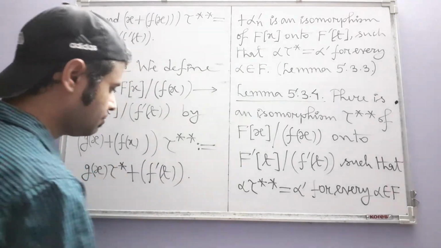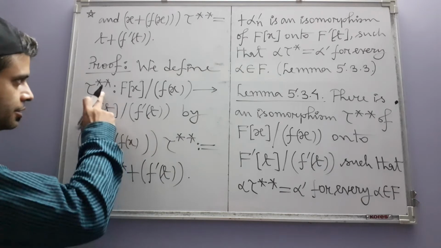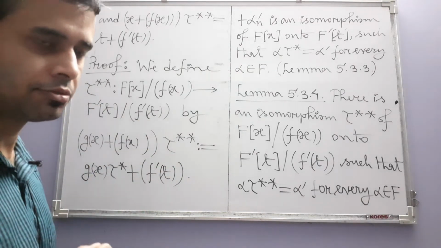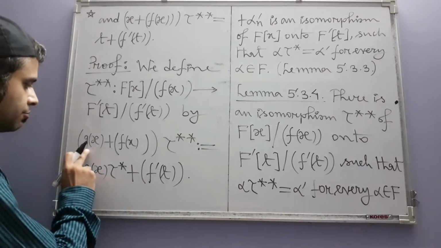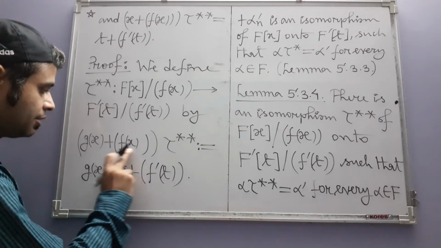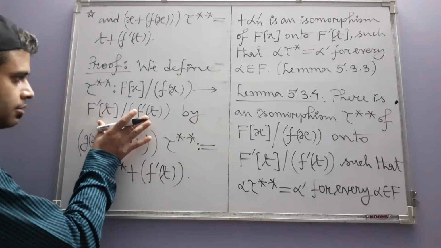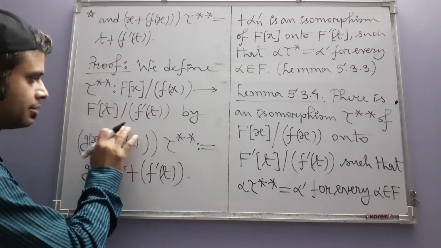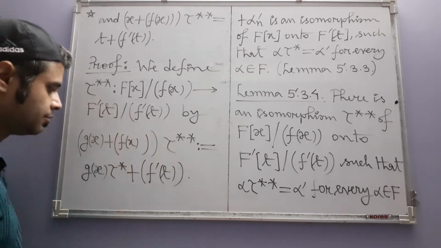Now the first thing we want to make sure is that this tau star, the way we have defined, is actually a well-defined function. That has two things. First of all, for a given input, the output must lie in the range, or the codomain, whatever you may wish to call this second set, this target quotient ring.